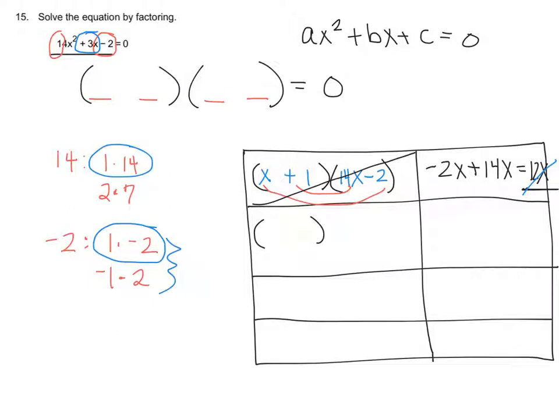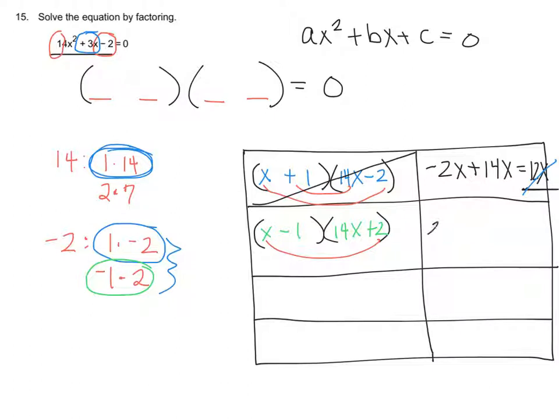I'll set up my two parentheses. Now I still want to test the 1 and 14, but instead of the 1 and negative 2, I'm going to choose the negative 1 and positive 2. So when I set this up, I have x minus 1 times 14x plus 2. And again, we'll multiply the outer terms together.